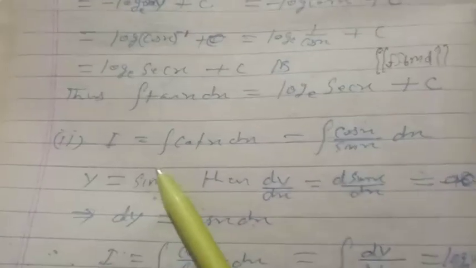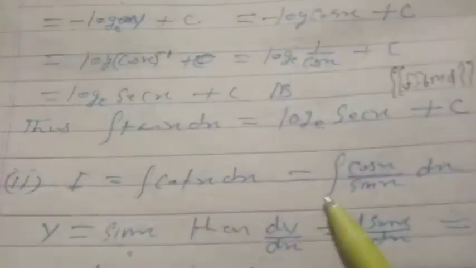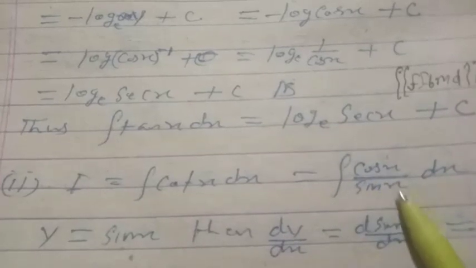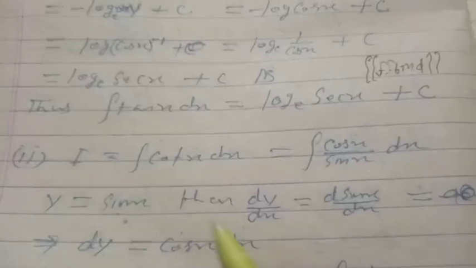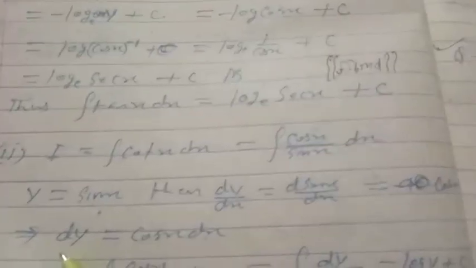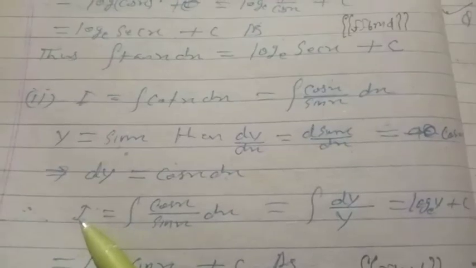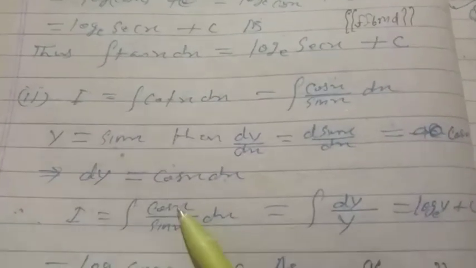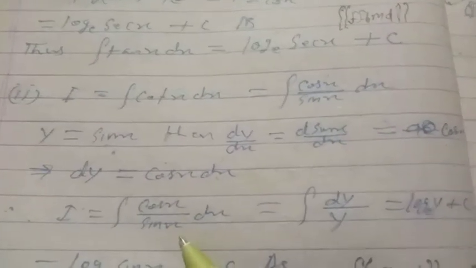Second, I equals integration of cot x dx. We can write it as integration of cos x by sin x dx. Take y equal to sin x, then dy by dx equals d sin x by dx equals cos x. This implies dy equals cos x dx. Now again I equals integration of cos x dx by sin x.